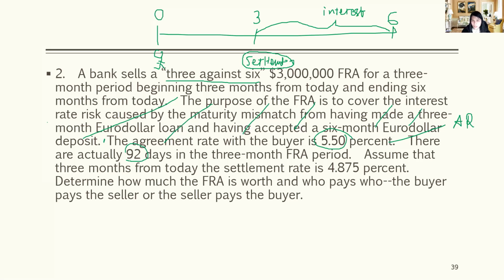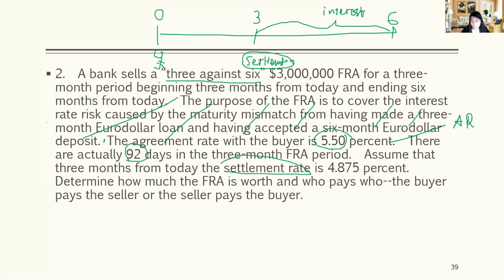The days between month 3 and month 6 is 92 days. Assume that 3 months from today, the settlement rate is 4.875.